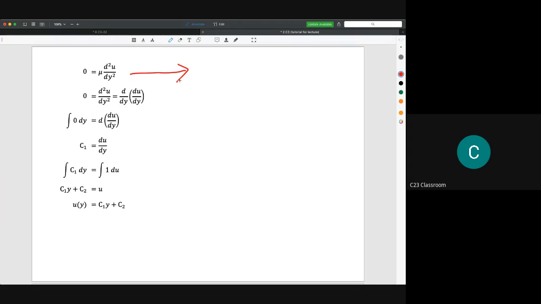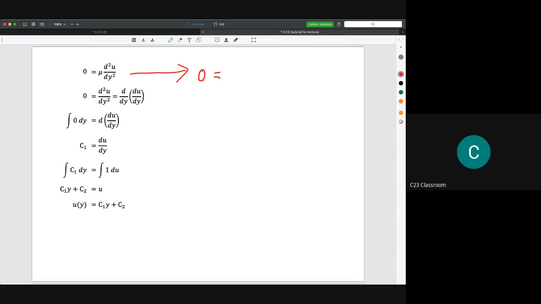I have explained which one is showing the nabla, which one is showing the shear stress. So the mu here can be sent to the left hand side, so you have the zero here.